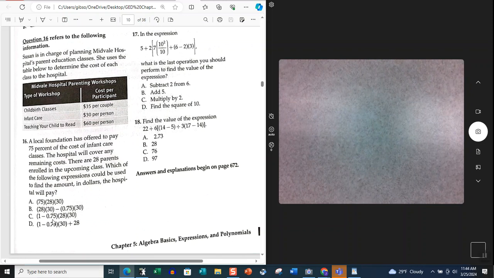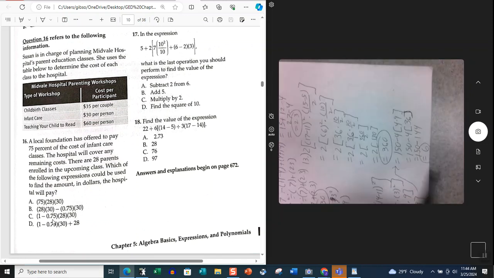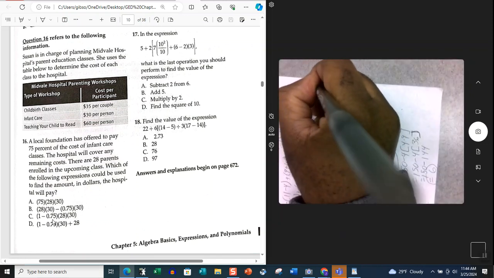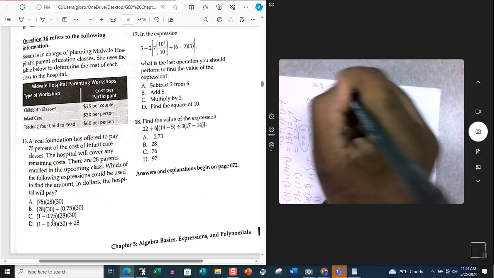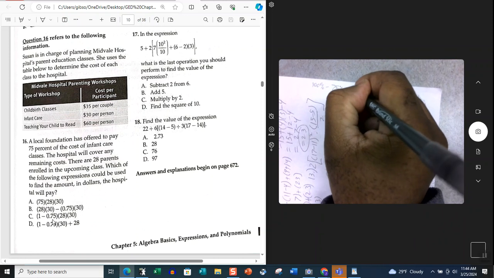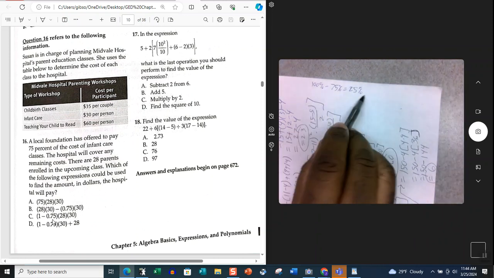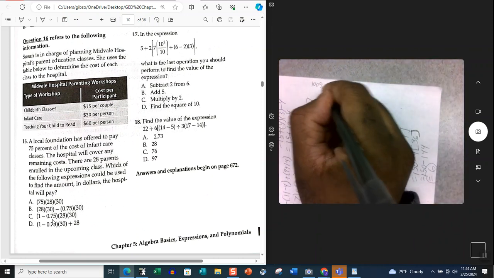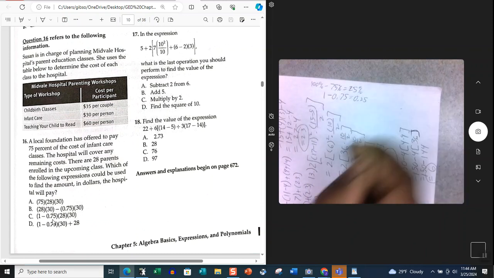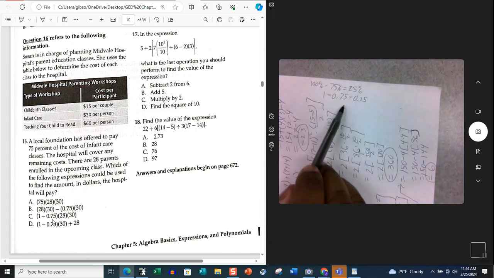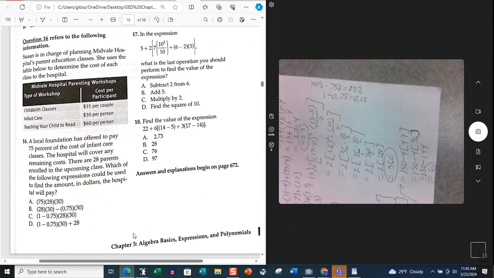So you would take 100% minus 75%, which would give you 25%. If we wrote this as a decimal, this would be 1 minus 0.75 is equal to 0.25. Now, we learned this when we did the percent and decimal chapter.